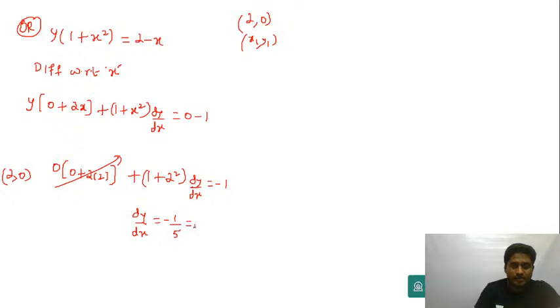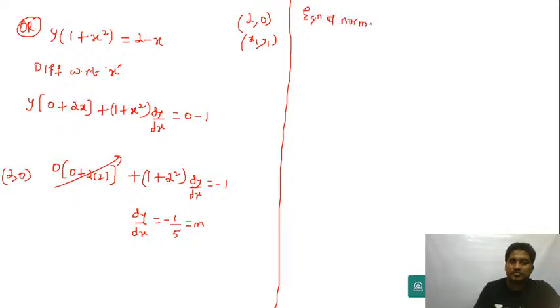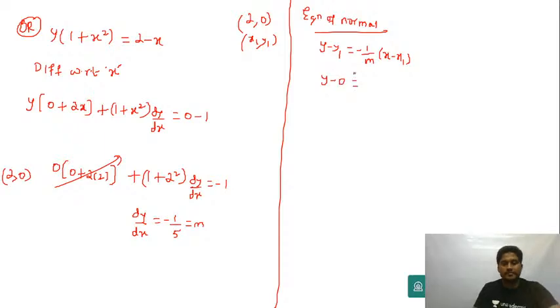This is equal to slope m. But I am supposed to find equation of normal, right? So what is equation of normal now? Equation of normal will be y minus y1 is equal to minus 1 upon m into x minus x1. So y minus y1 is equal to 0, minus 1 upon m. m is minus 1 by 5, minus 1 upon m is plus 5 into x minus x1, that is 2.